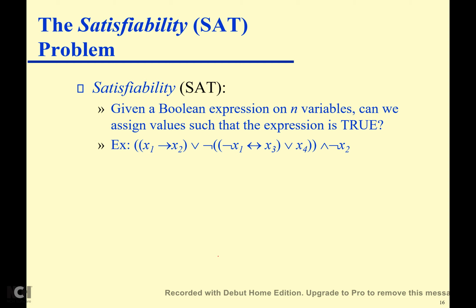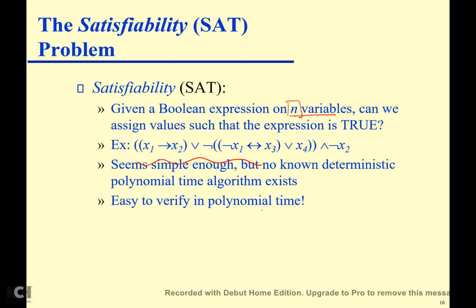Each variable is a Boolean variable with two options. To verify whether this expression can be true, we may need to check all the combinations, so we could have 2 to the power of n combinations.